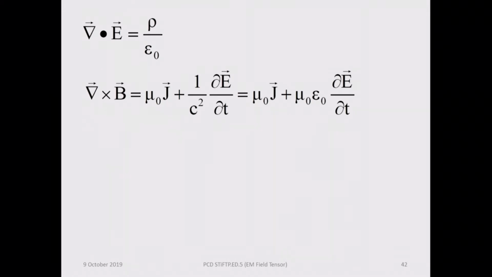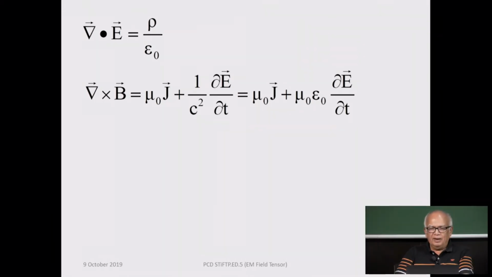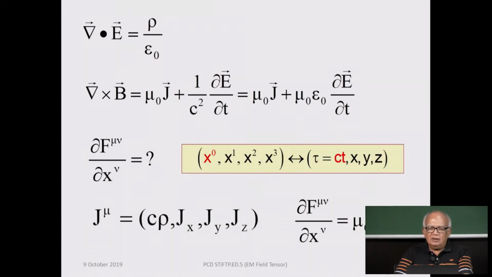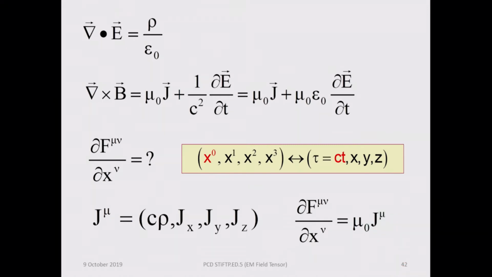Now, let us look at these two equations, and you will see very quickly that these equations come from a single equation if you take the derivative of the field tensor with respect to the coordinates. Okay? And this relation del F by del x nu equal to mu 0 J mu, alright, is an equation.